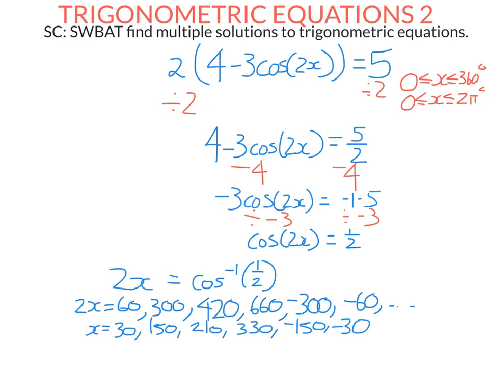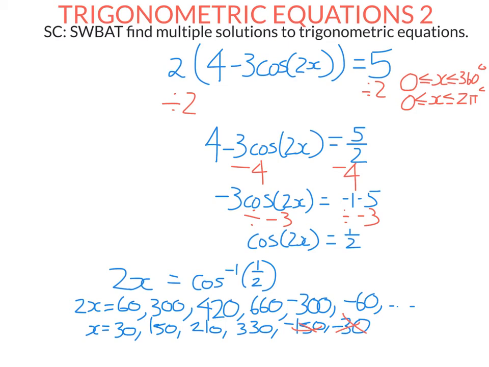We were told originally we only want to include solutions between 0 and 360 degrees. So these 4 will all be valid solutions. We don't include these last 2 because they're outside the domain.